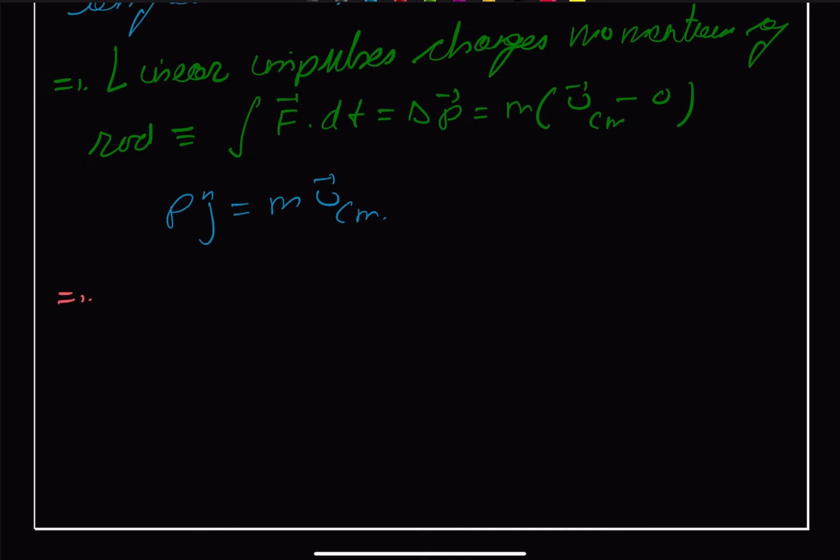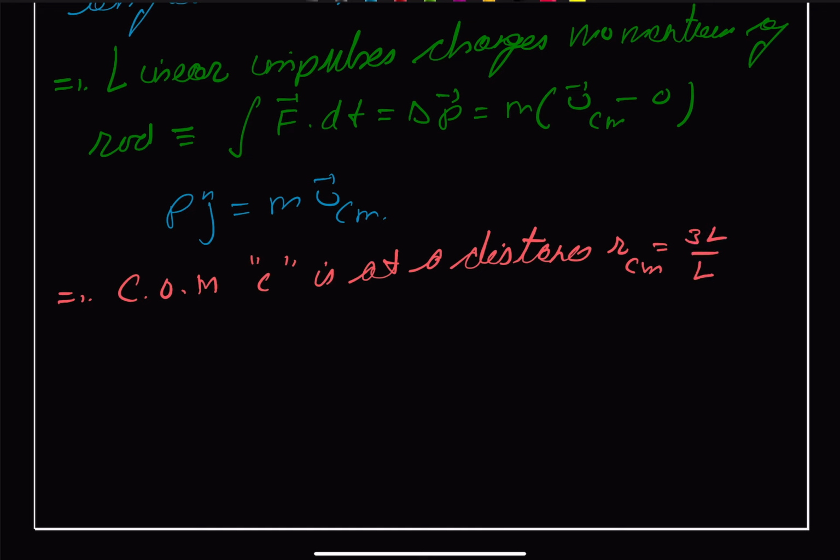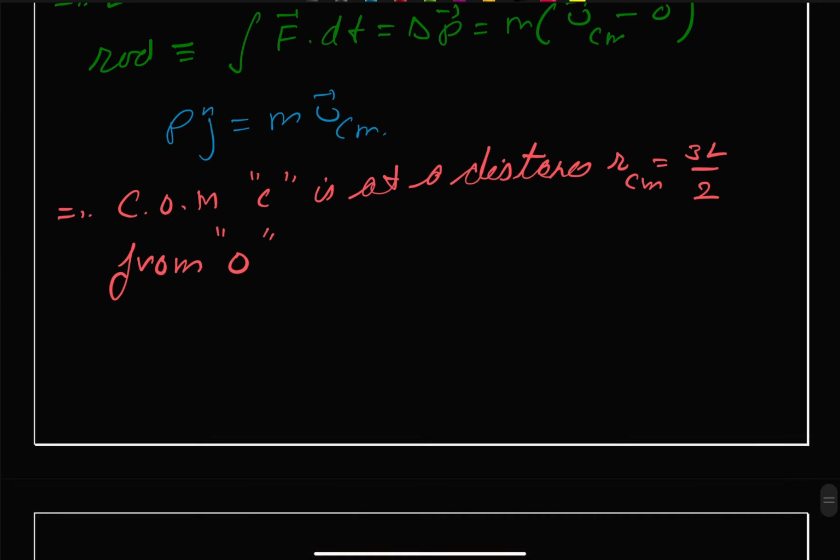So we can say that center of mass C is at a distance, let us call this RCM, which is equal to 3L by 2 from O. Therefore, we can say that velocity of center of mass will be equal to omega 3L by 2.